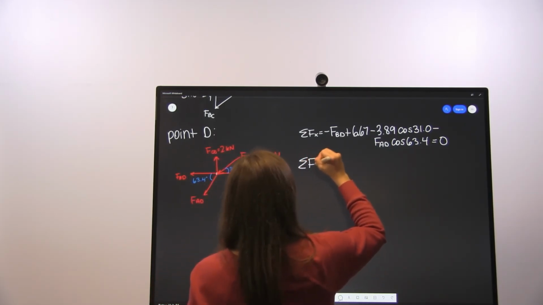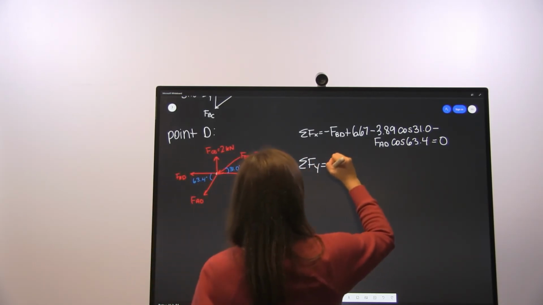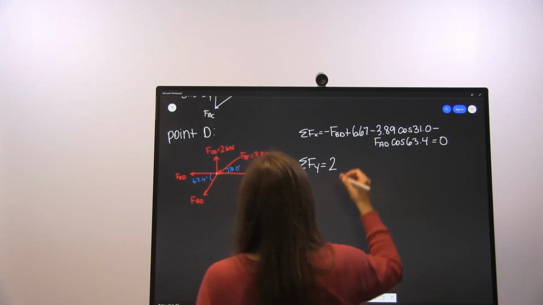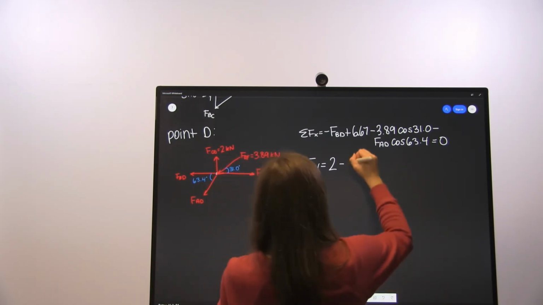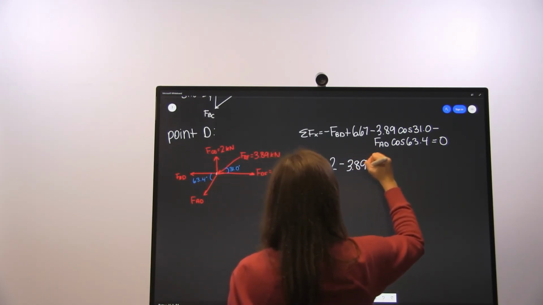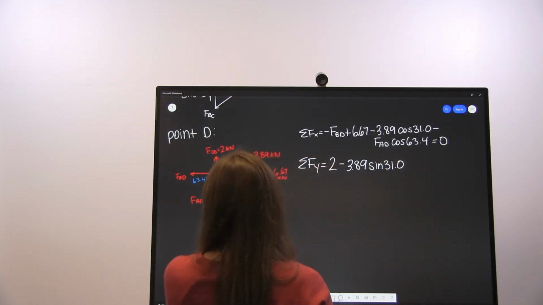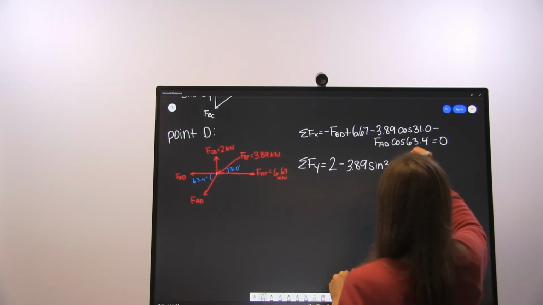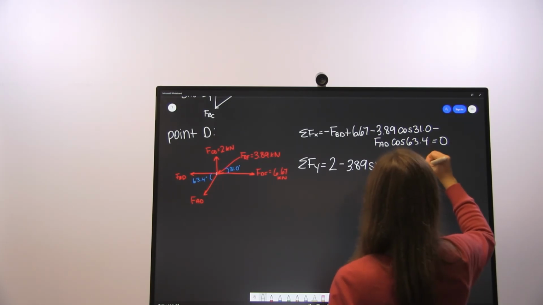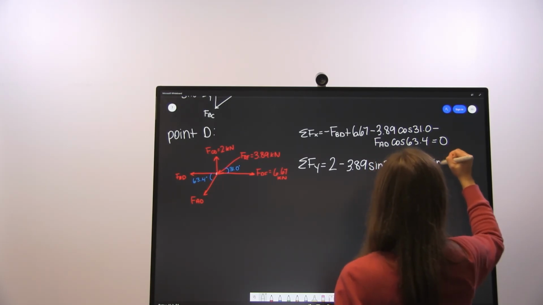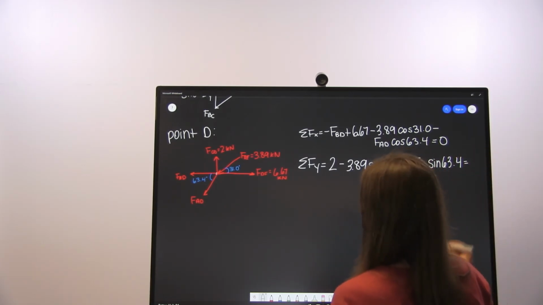So we're going to move on to our forces in the y direction, and that's going to be positive 2. This is pointing up, so positive 2. And then that's going to be minus the force DE in the y direction, so minus 3.89 sine 31.0. And then same thing with force AD. We're going to take the force AD in the y component, so that's going to be force AD sine 63.4 degrees, and that is equal to 0.